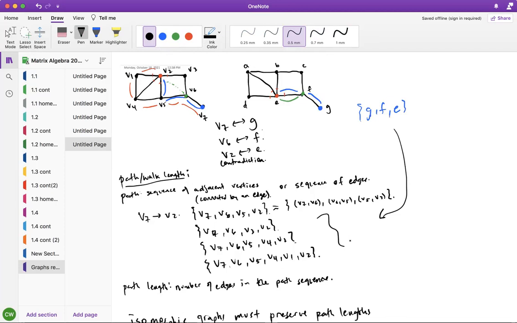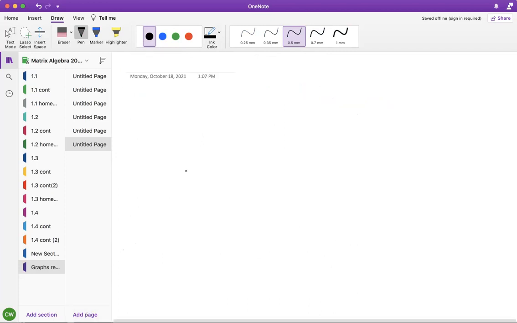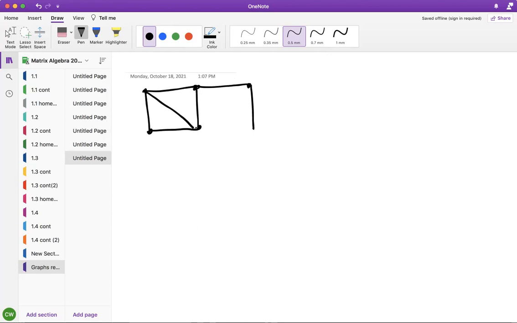Okay, so we can actually use the adjacency matrix to help with thinking about path lengths. So let's redraw these pictures, or at least one of them. I'm going to do the right graph. Actually, I'll do both.